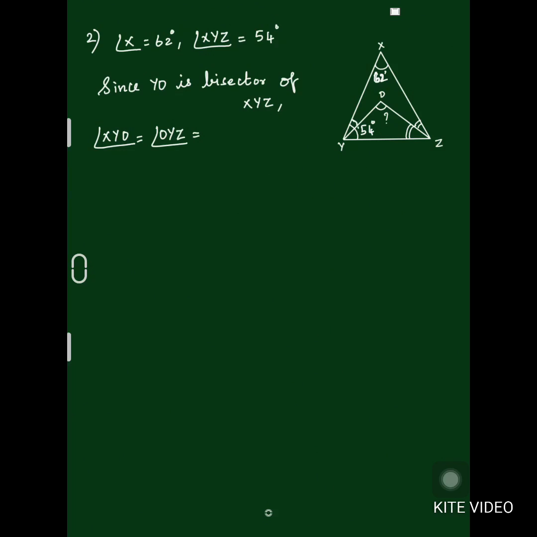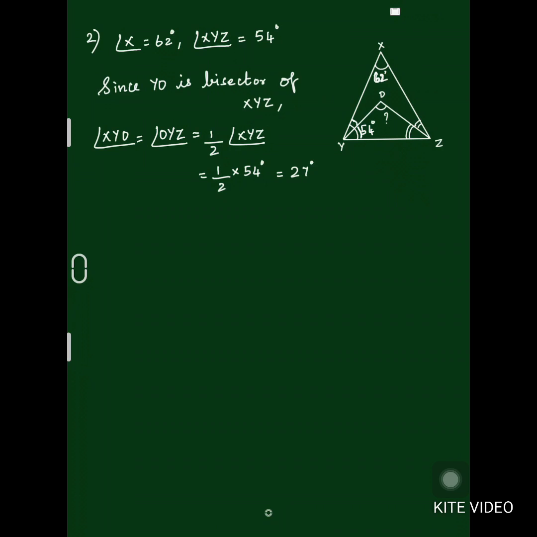That is, this angle and this angle are equal, and both will be equal to half of XYZ because they are bisected. Half of 54 degrees is 27 degrees. So angle XYO and angle OYZ are 27 degrees.